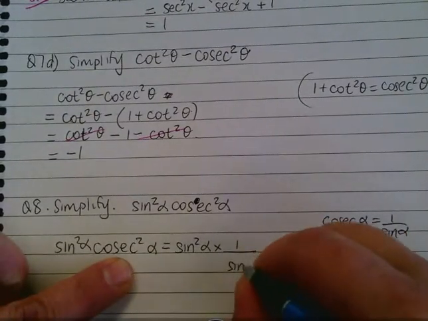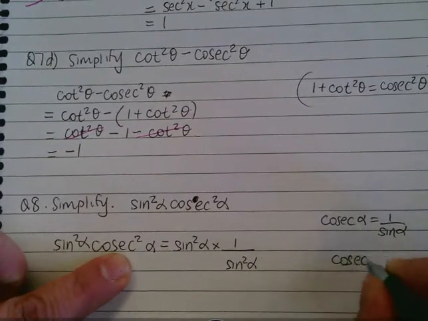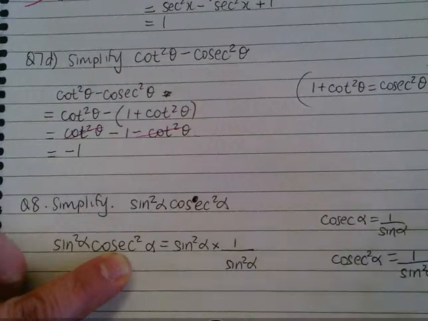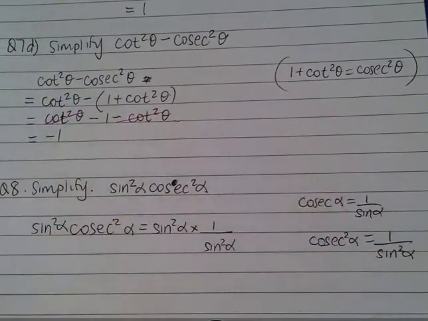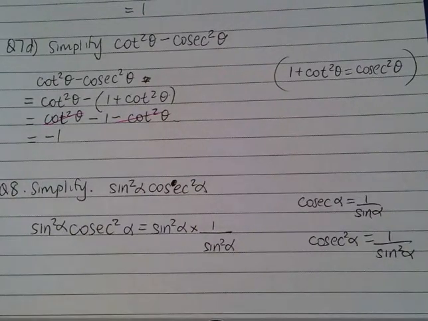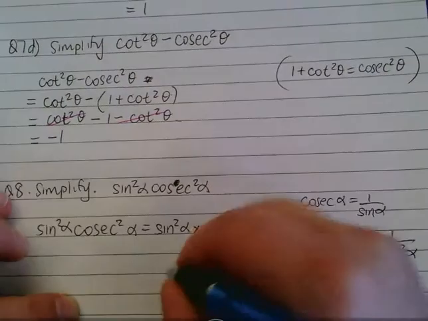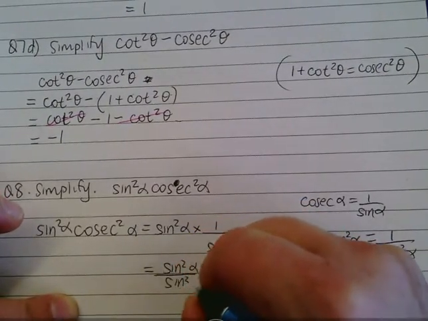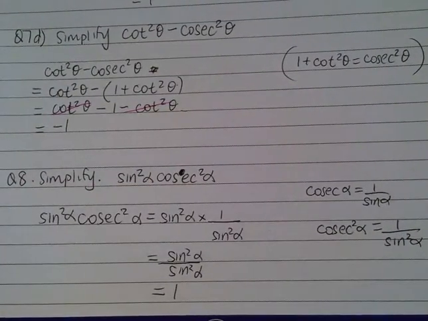If cosec alpha is 1 on sine alpha, then cosec squared alpha is that squared. It's 1 squared on sine squared alpha, so it's 1 on sine squared alpha. Now what's good about that? You get sine squared on sine squared, which is 1. That's much better than doing something else.